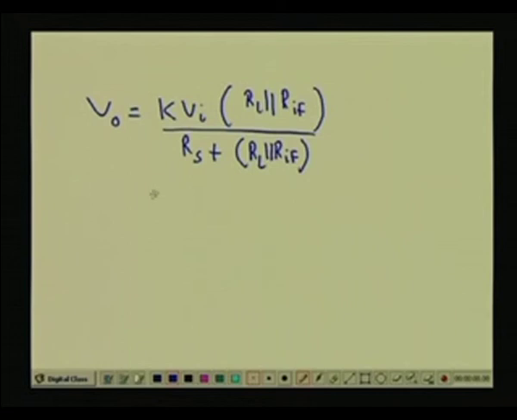This becomes almost equal to 3 into 225, because this is the voltage generated by the pH probe, into RL upon RS plus RL. Please note this is almost equal to, right, like this.